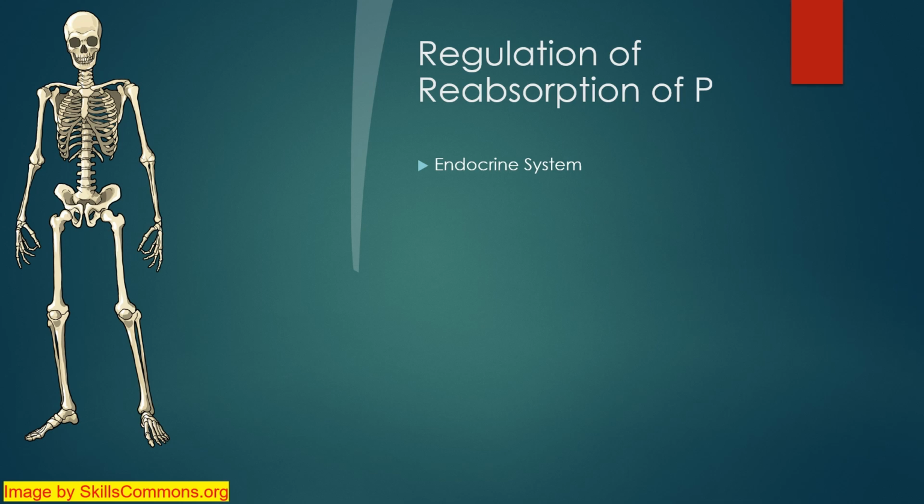You've got to stop reabsorbing all this phosphorus. It only makes the situation worse because we're starting to break down the bones to release the calcium and phosphorus. We're telling the kidneys to produce vitamin D to help us absorb more calcium and phosphorus from the gut. And so unfortunately, people can have very brittle bones when phosphorus is not being properly regulated in the blood because of kidney failure.